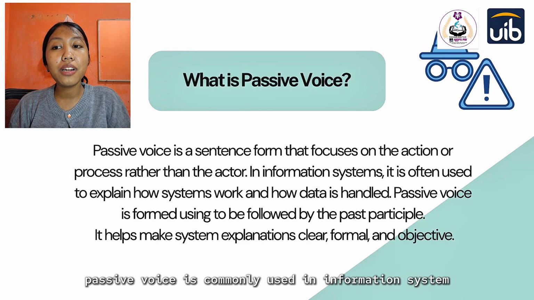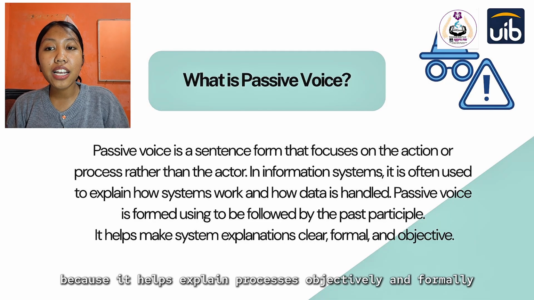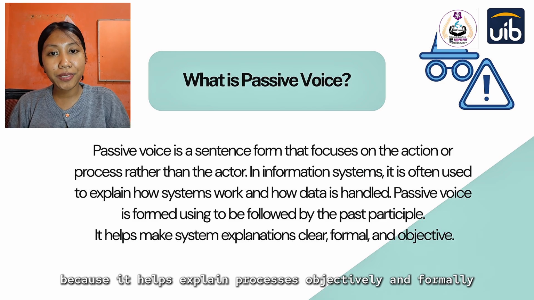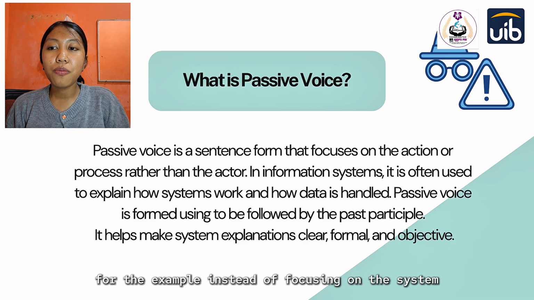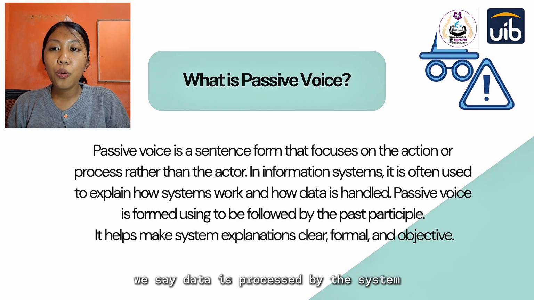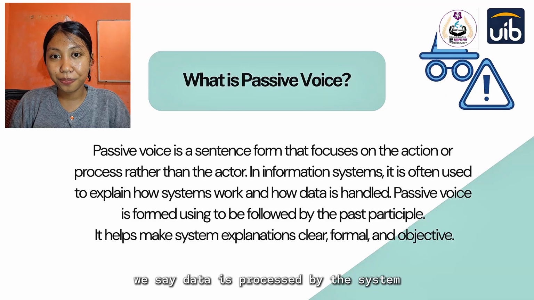Passive voice is commonly used in information systems because it helps explain processes objectively and formally. For example, instead of focusing on the system, we say data is processed by the system.